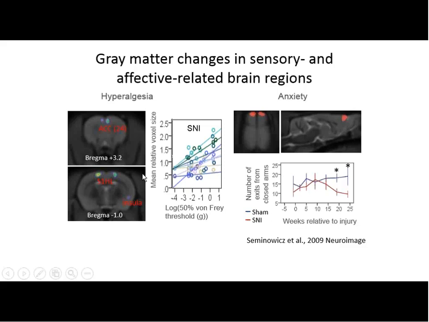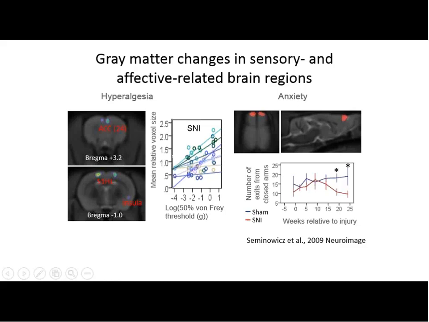So these were spared nerve injury animals, in which part of the sciatic nerve is ligated. So they develop really intense hypersensitivity in the leg that's affected. And so the extent of change in these regions correlated with the extent of hypersensitivity that the animal showed.